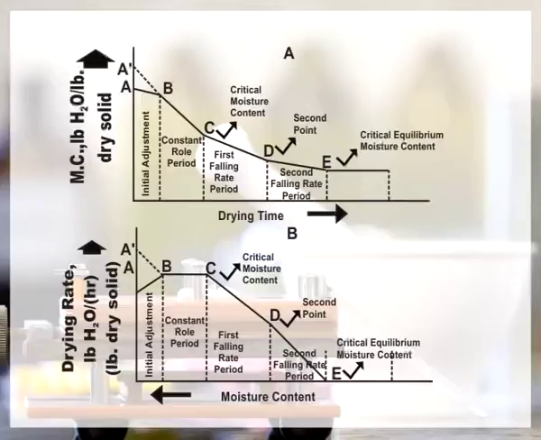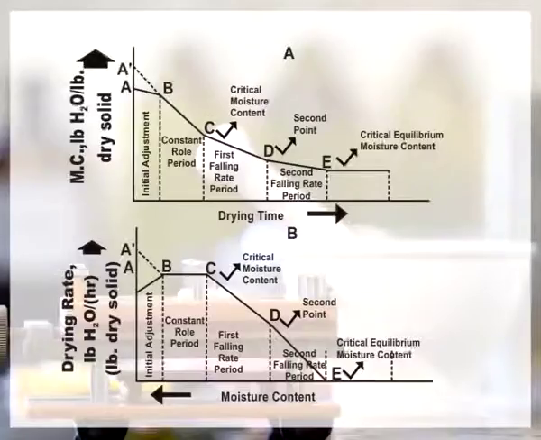The moisture content is present on the surface as well as in the bulk of the solid material. The moisture diffuses from the bulk to the surface, then from the surface to the environment. So the drying rate remains constant, as shown in the curve by region BC. So BC shows the constant rate period.